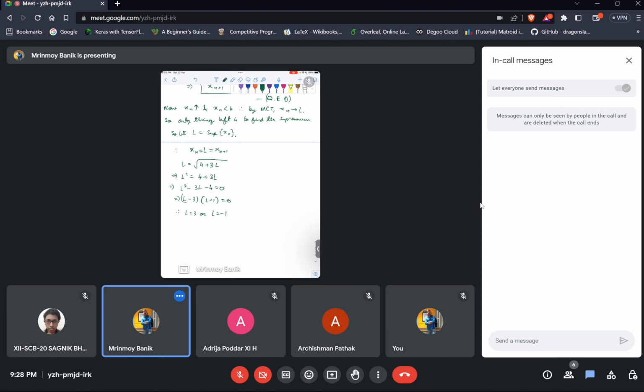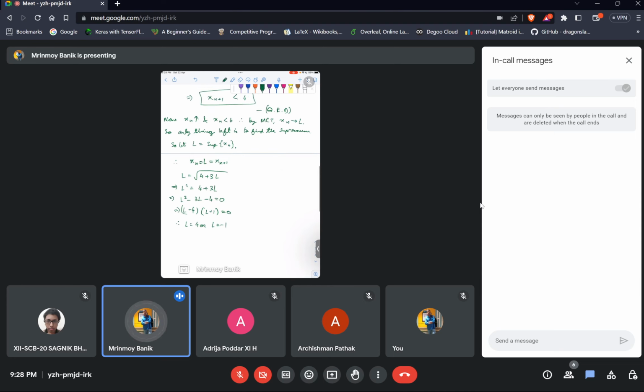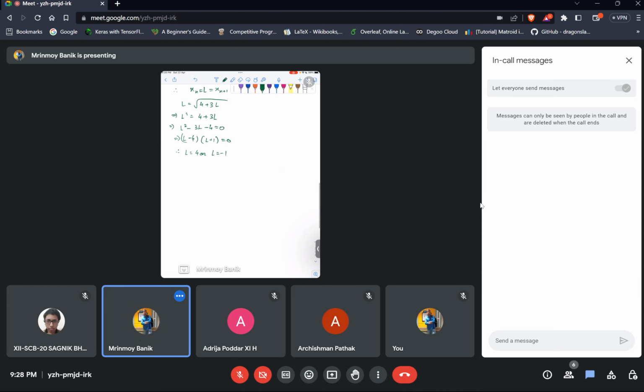Sorry, this is minus 4. So L is either 4 or minus 1. Obviously the limit can't be minus 1 since it's a square root, so it's always positive. So this is extraneous. Therefore, 4 is the limit and the supremum. And we are done.